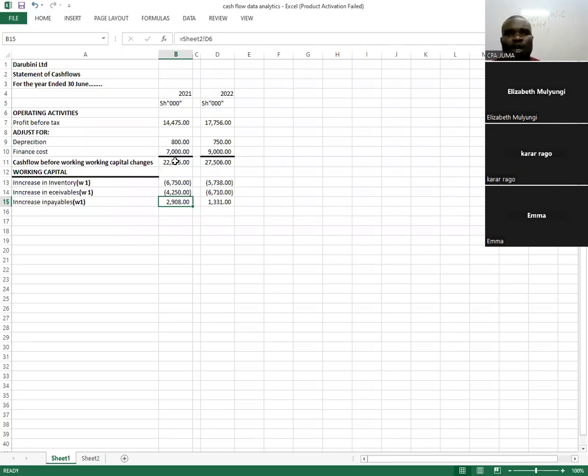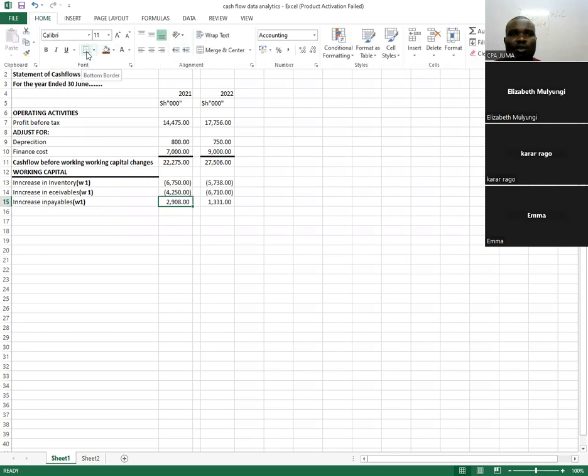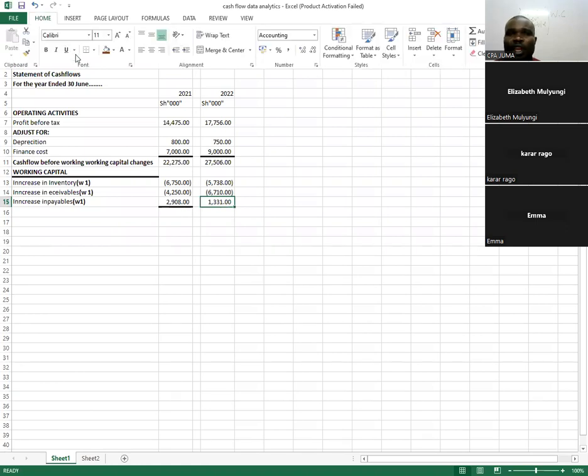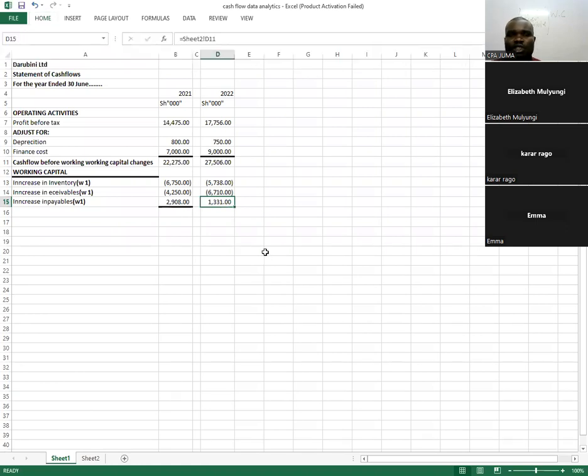So I want to add the cash flow from before working capital changes. That is that one, plus all this. So I'll do my sum there. When you want to sum, you put a bottom single line.